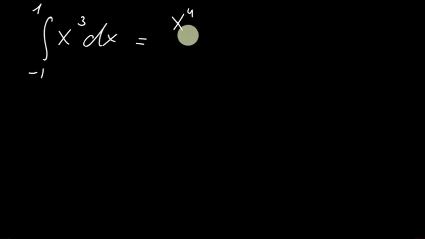Okay, now let's calculate some definite integrals. So let's say we have an integral from minus 1 to 1 of x cubed dx. Now we need to calculate this integral, so this will be x to the power of 4 divided by 4. We draw a vertical line here, write minus 1 and 1 as it was in the integral.